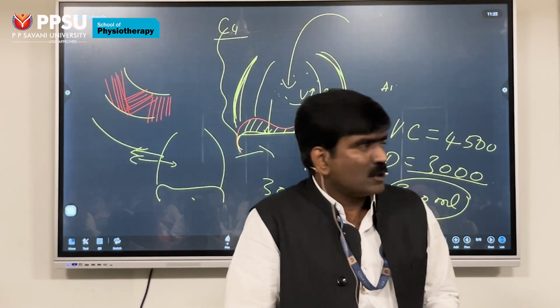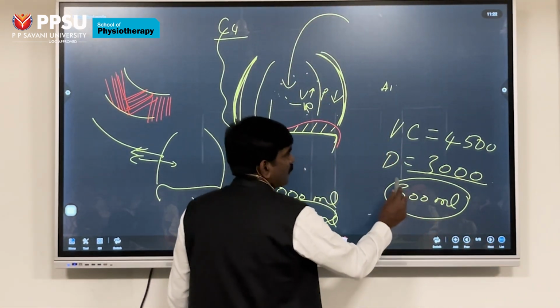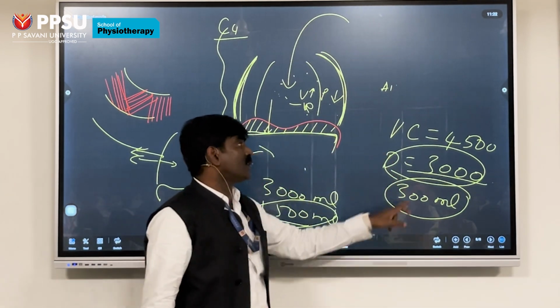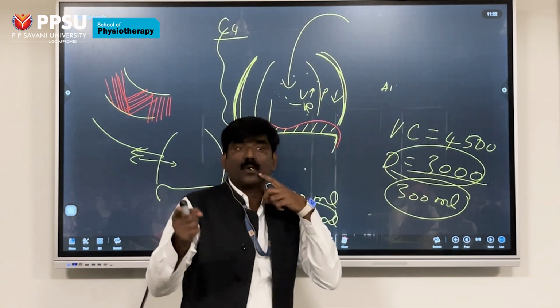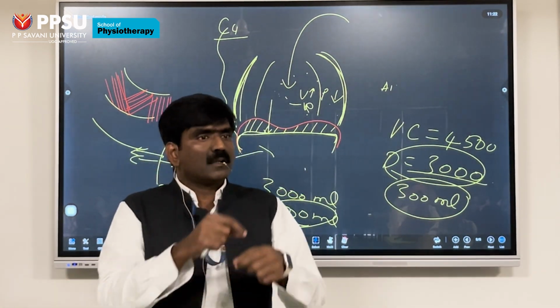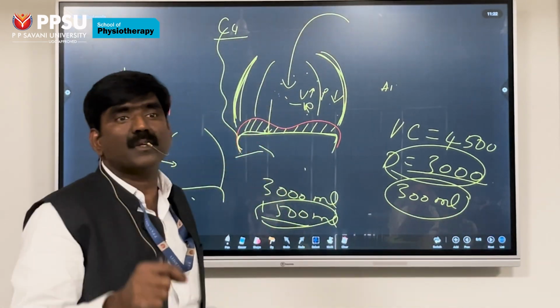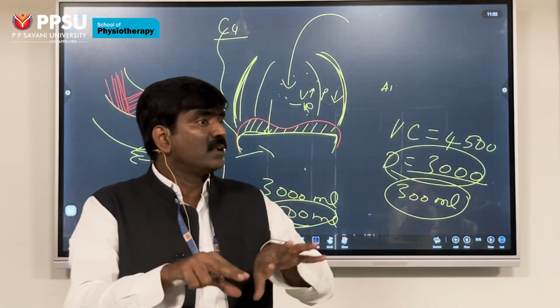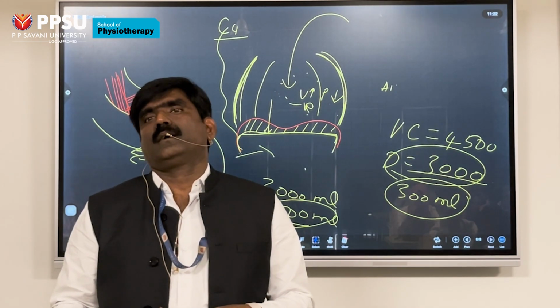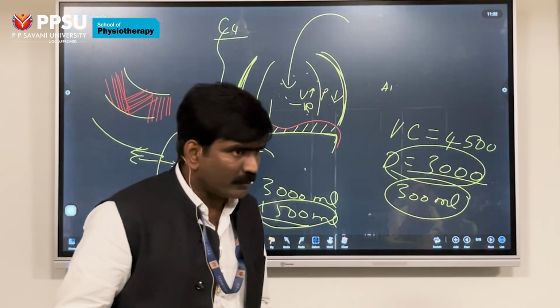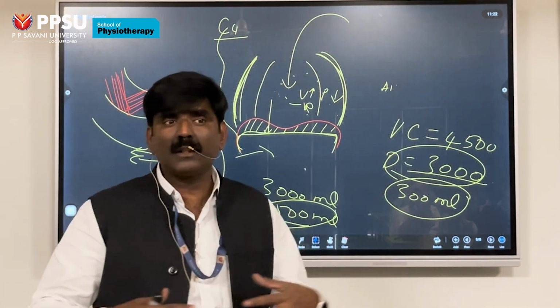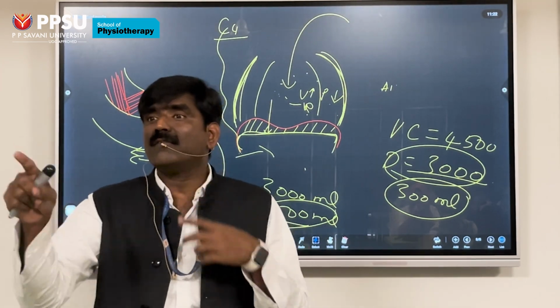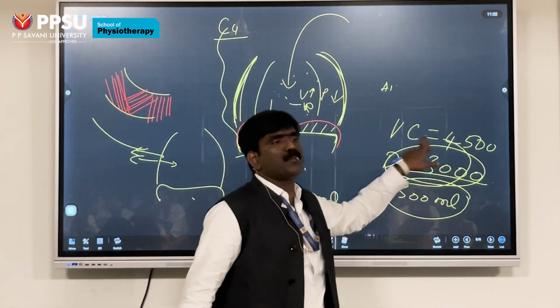Are you clear? So this 3000 ml will be achieved only when the vertical diameter, lateral diameter and AP diameter are increased. That is, intrathoracic volume should increase in all the 3 dimensions. Then only the 3000 ml can be achieved.